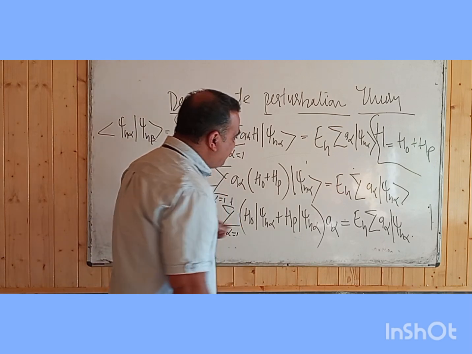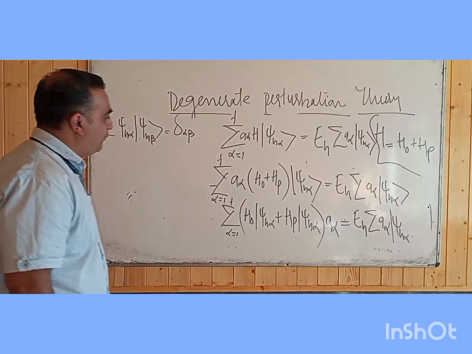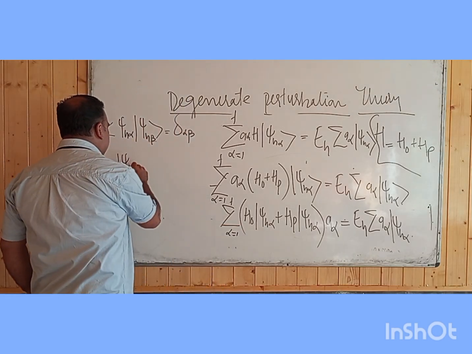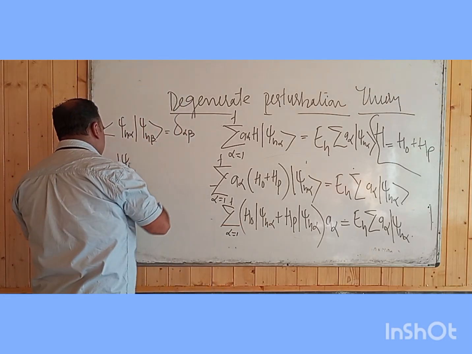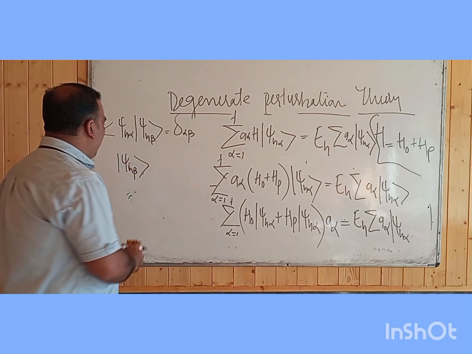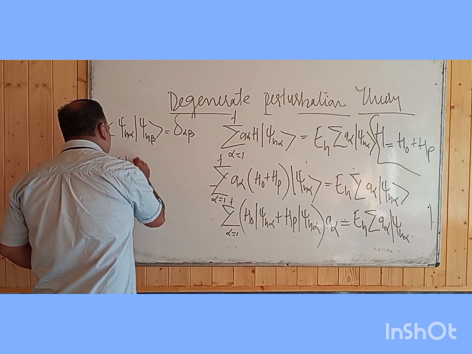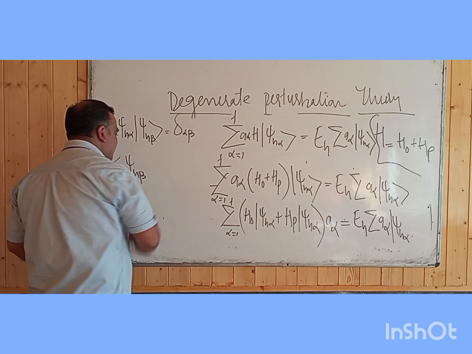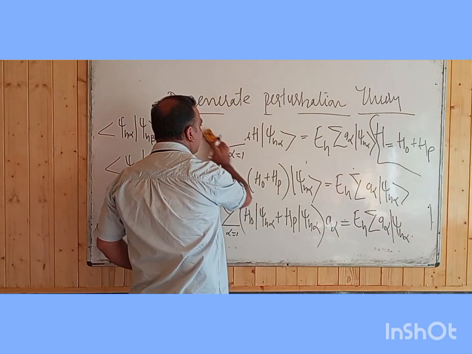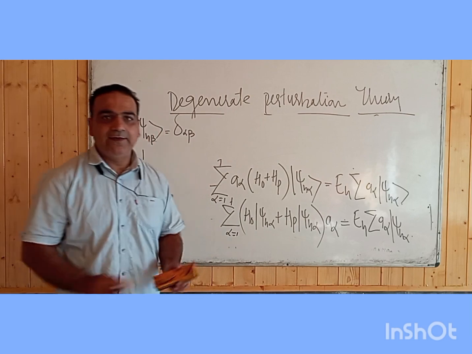What I will do now is multiply this equation from the left side by the bra psi n beta.